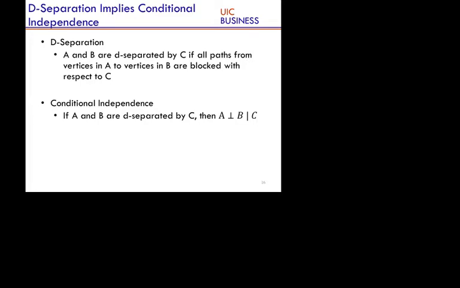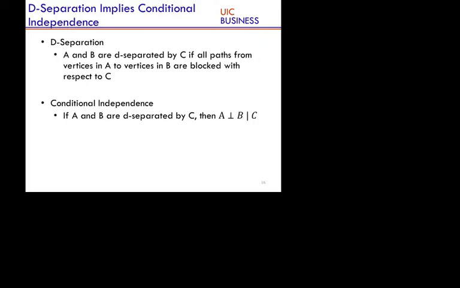So we just understood what is meant by a path being blocked. So d-separation is just that a set of vertices A and a set of vertices B are d-separated by a set of vertices C, or it could be just individual vertices themselves, if all paths from the vertices in A to vertices in B are blocked with respect to C. So let's say A has 2 vertices, B has 3 vertices, then potentially there could be 2 times 3 paths, right?